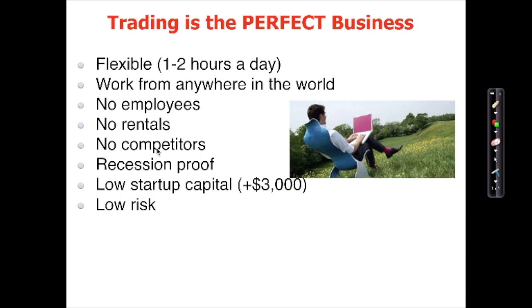And the best part about it is low risk. It is low risk. Why? Because like I said, if you put all your money in the stock market or the bond market in the conventional way, and we get a financial crisis, stock prices can drop by 20, 30, 40%. And that's risky to me.